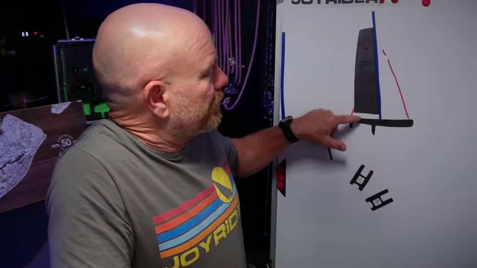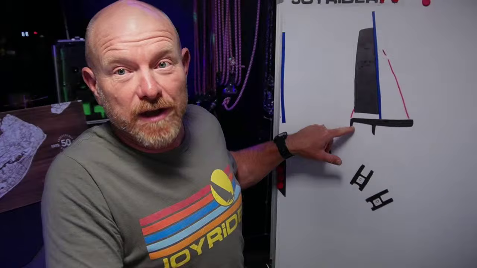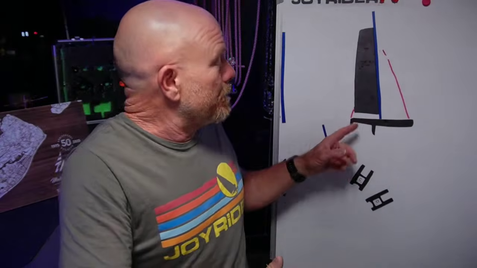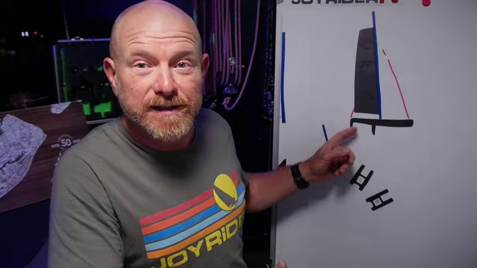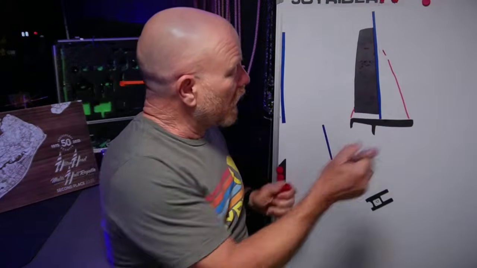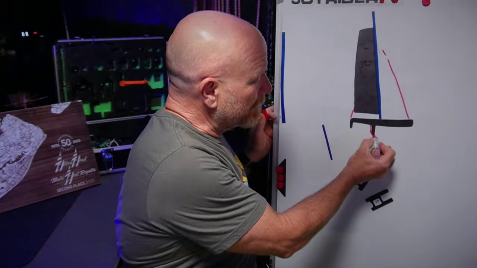But the other reason that more mast rake is going to help us when it's windier is because we're going to start getting more lift from the rudder blades as well. So if it's double trapezing conditions, we're going to be getting more lift from the rudder blades, which means it's going to work better to bring the mast further back, because we're no longer just using the dagger boards for gaining lift.